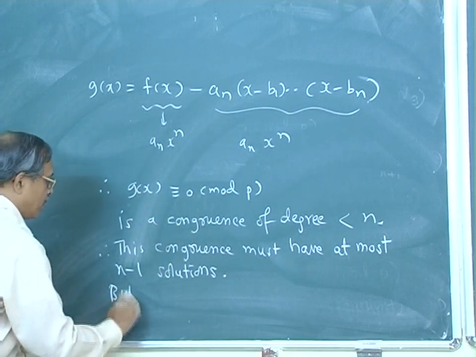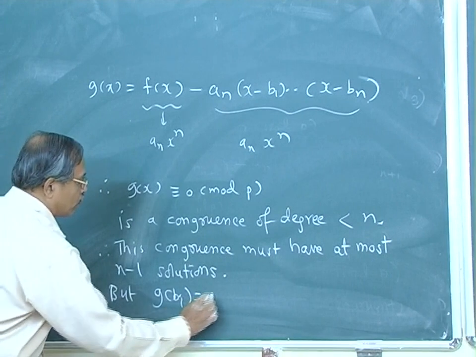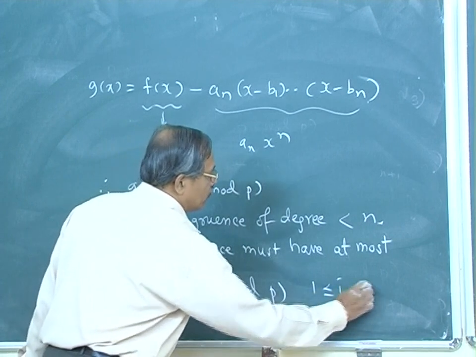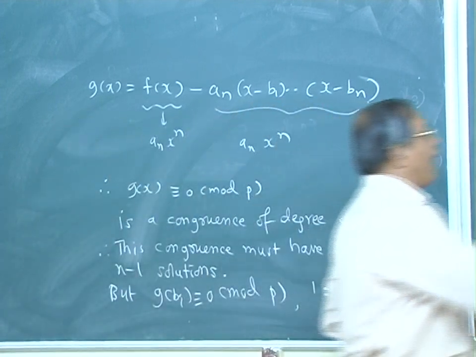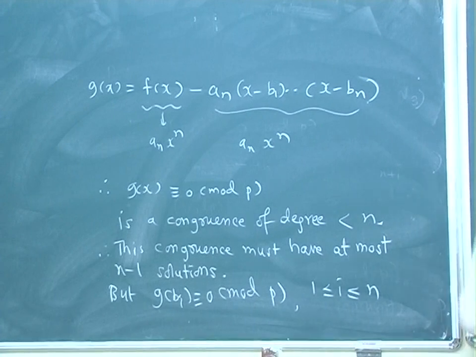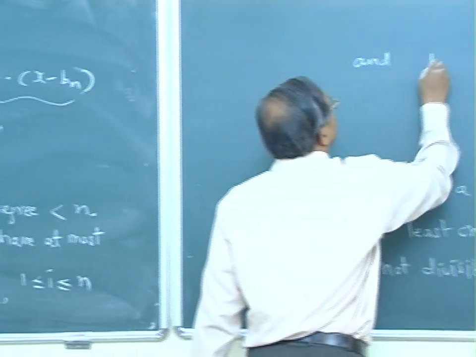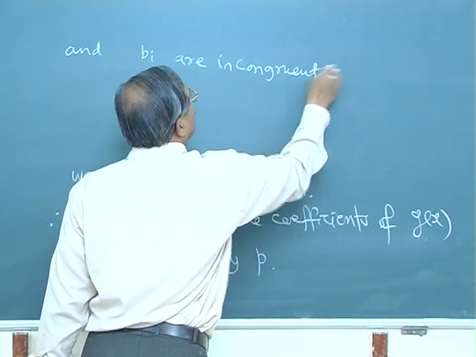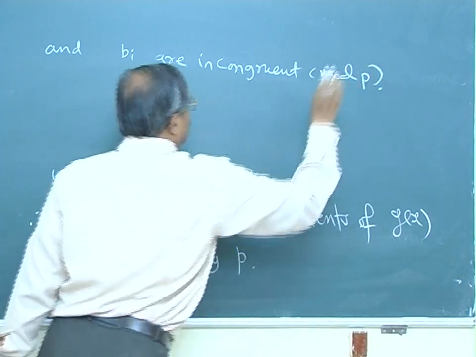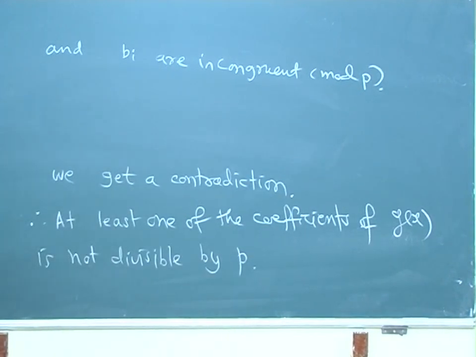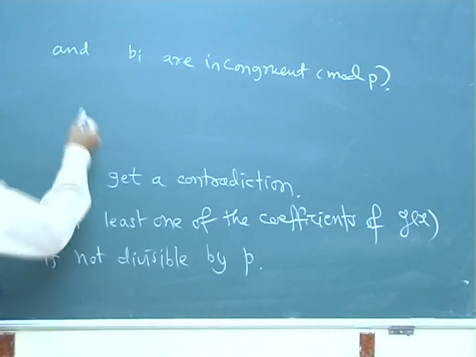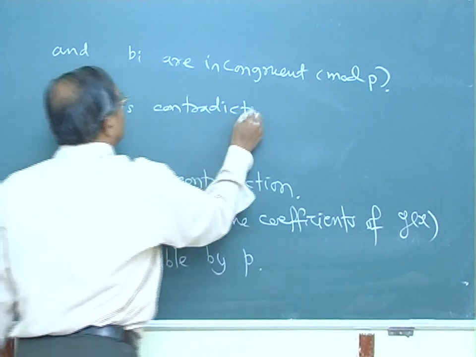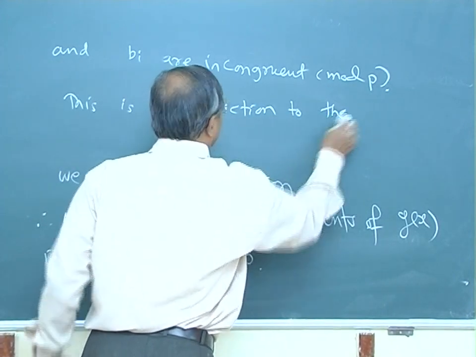But g(bi) is congruent to 0 mod p, 1 less than or equal to i less than or equal to n, and these are distinct mod p, the bi are incongruent mod p. So the congruence is of degree less than n and the congruence has n solutions. This is a contradiction to the induction assumption.